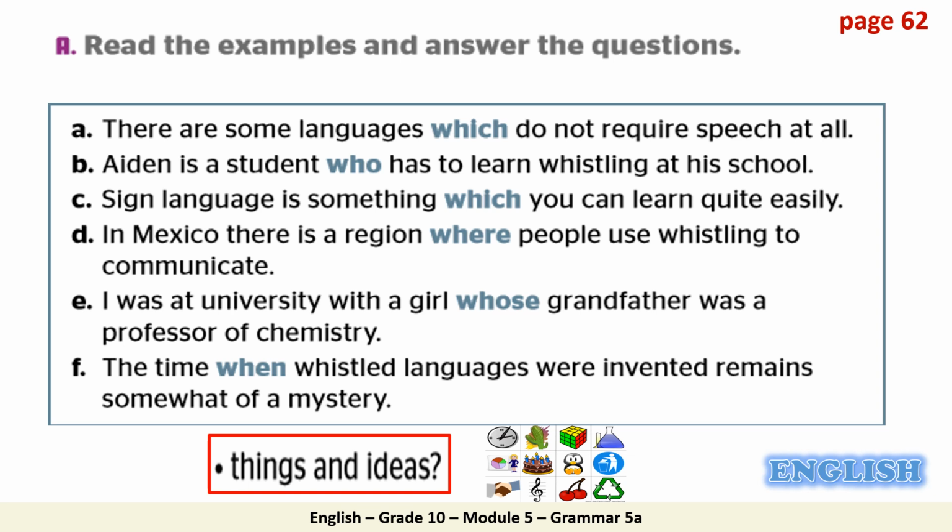I'll just give you a hint: there is more than one sentence. The answer is the first one, which. We can say it refers to some languages, as well as we have which, and it refers to sign languages. Well done, everyone.